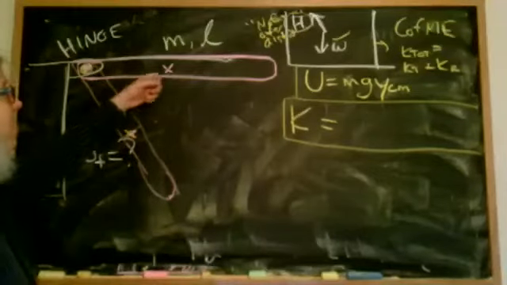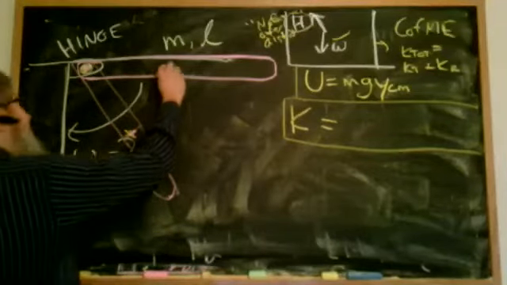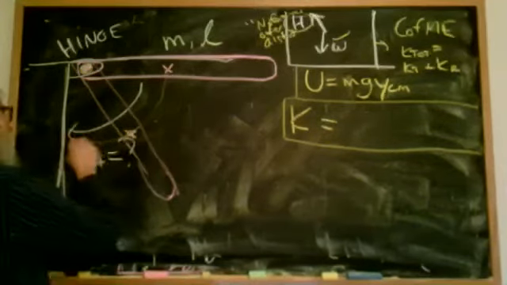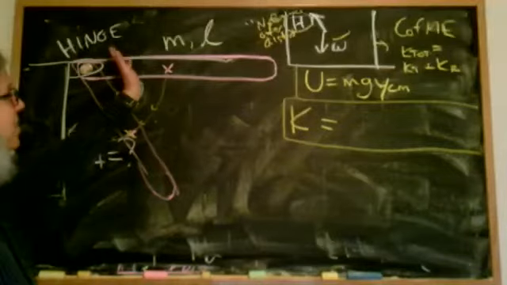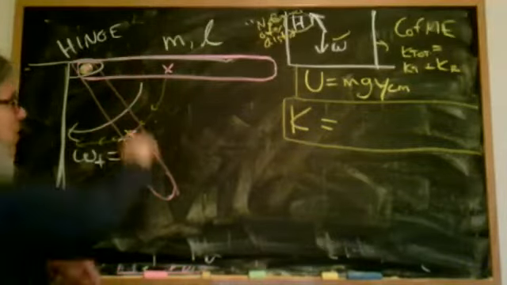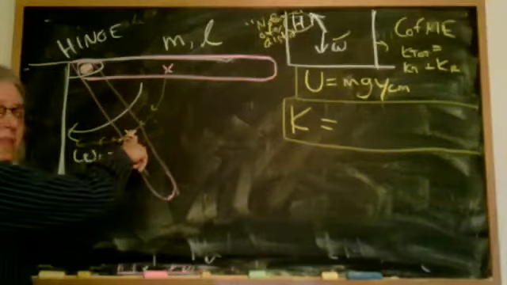And you could do that here. You could calculate the component that corresponds to the velocity of the center of mass as it goes down, and you could add to it the component of energy corresponding to the rod turning about that center of mass.